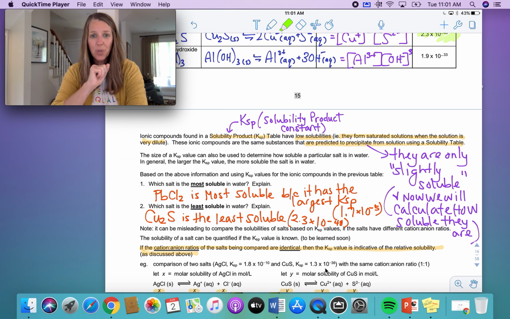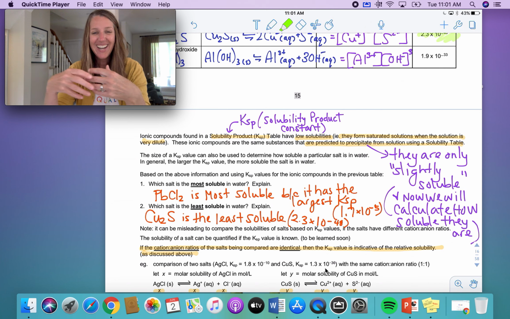You'll notice that the ionic compounds in this table are the ones that are slightly soluble. Okay, they set up an equilibrium a little bit faster, don't they? Because they don't dissolve very much, so you have a lot more solids sitting there sooner than you have with the ions.